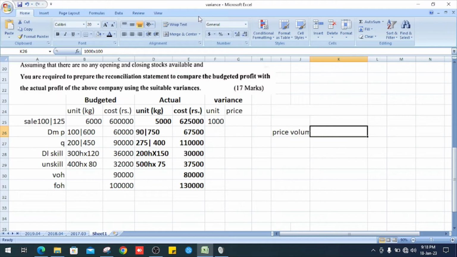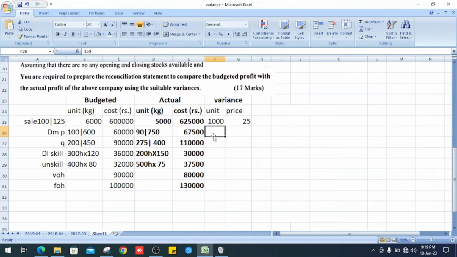Next, we budgeted our price at 100, but we actually sold at 125, so the difference is 25.